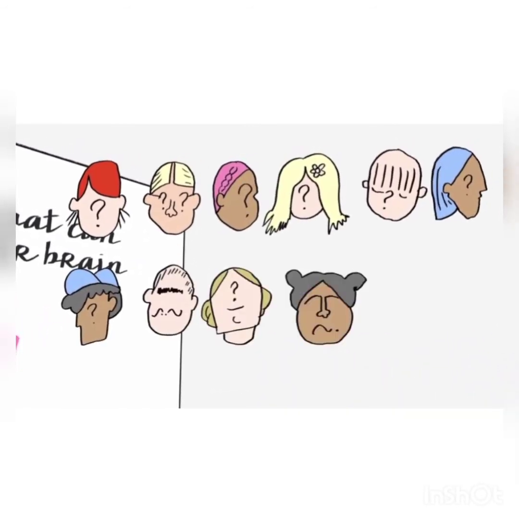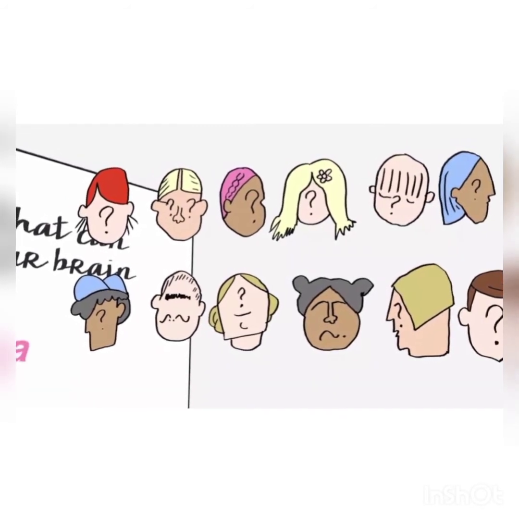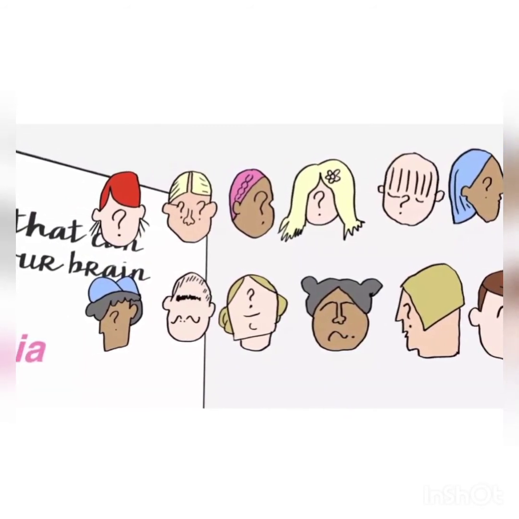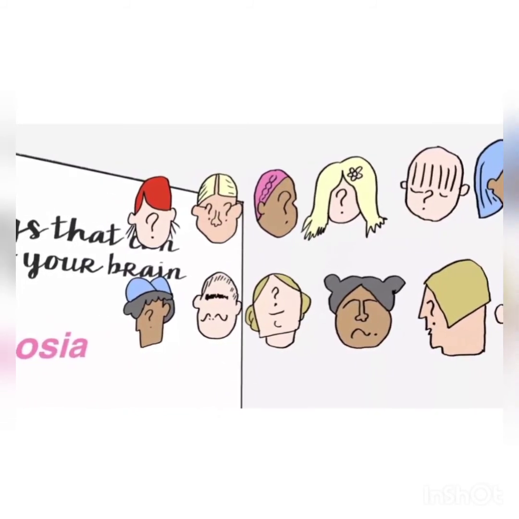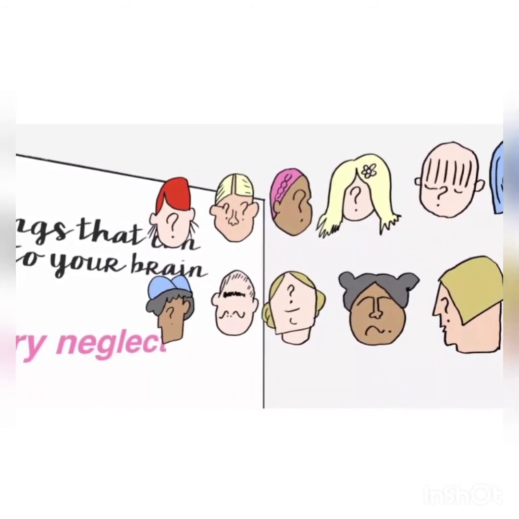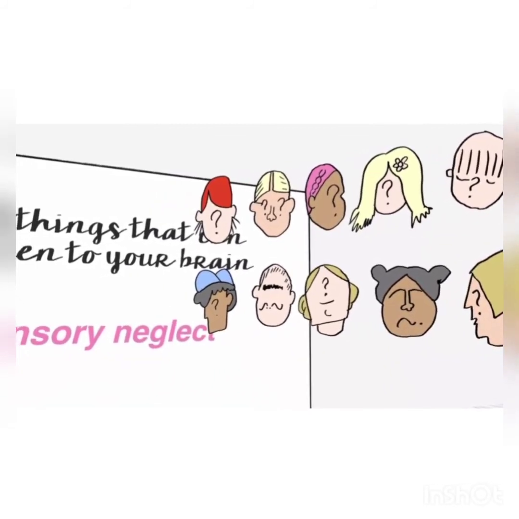There are milder forms of prosopagnosia which some people suffer from, and to be honest, I have a little bit of it. You can recognize faces as faces, but you can't recognize whose face they are, and it's very hard for you to recognize people.